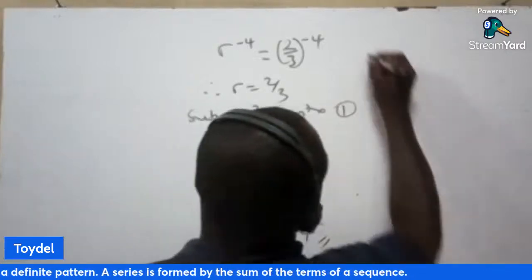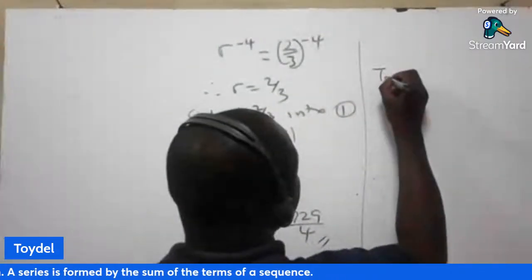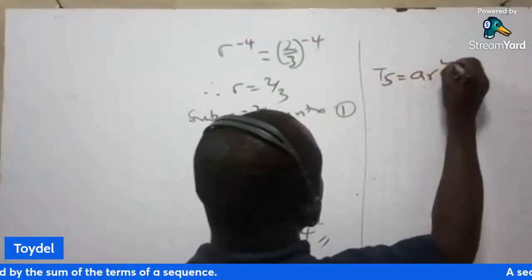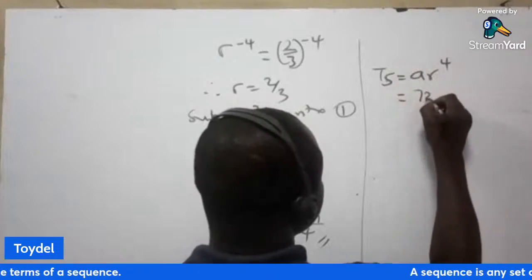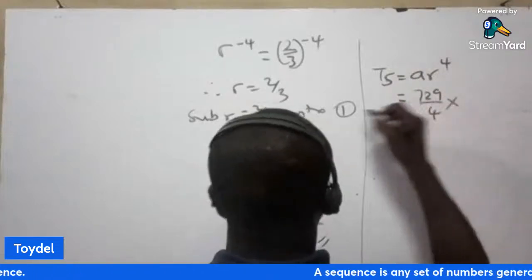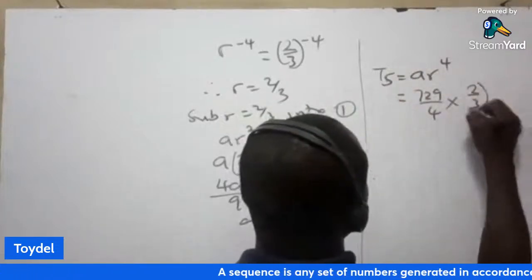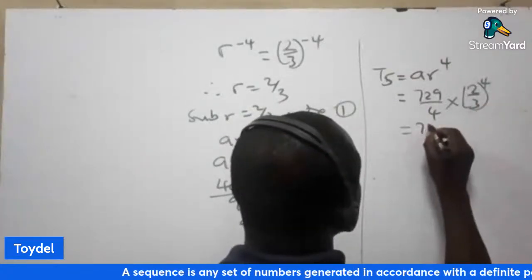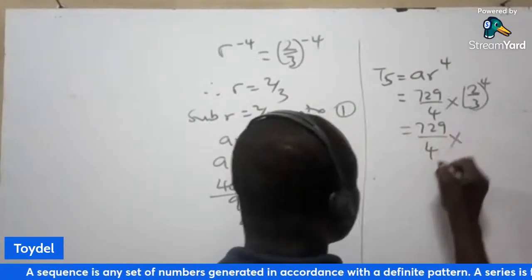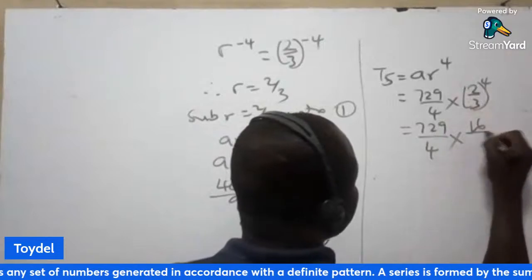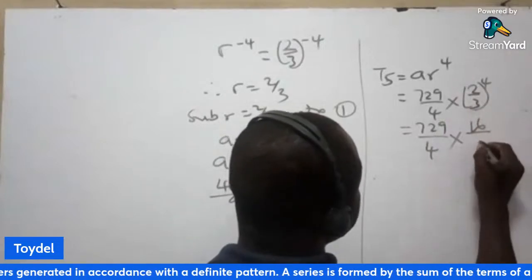So in this case now, the fifth term, T5, will become what? A r raised to power 4. What is A? 729 all over 4 multiplied by R, which is 2 all over 3, everything raised to power 4. Then here I'm going to have 729 all over 4 multiplied by 16 all over 81.